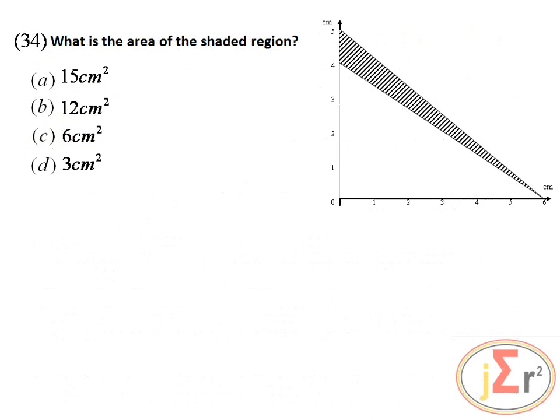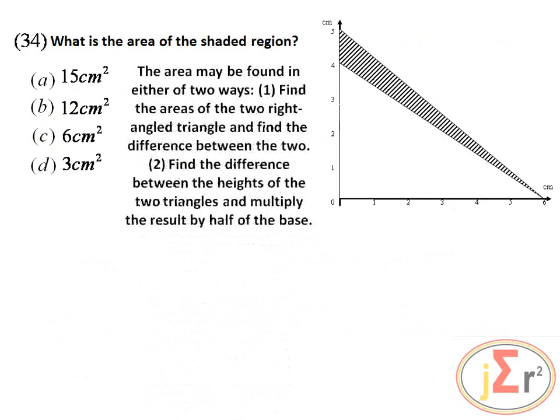What is the area of the shaded region? Of course, we are trying to find the area of this slim triangle. The area may be found in either of 2 ways. First one, find the areas of the 2 right-angled triangles and find the difference between the 2.